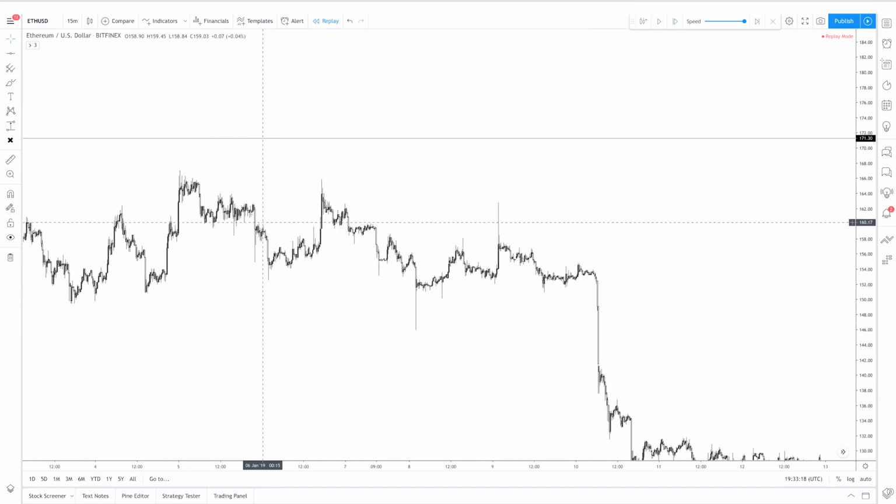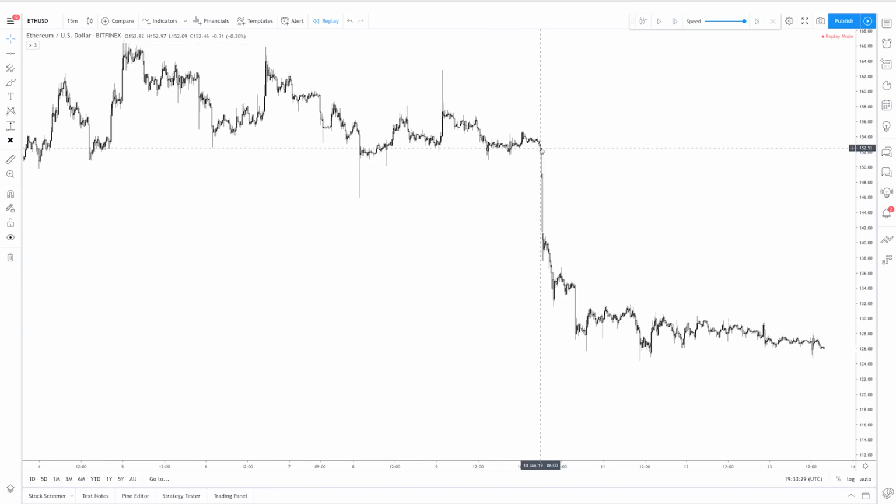Point of breakdown, another point of breakdown. We have our highs here, making a lower high, short entry, selling out of long positions. And here we have a clear SR flip. Our support is now going to become resistance, as this is an SR breakdown.